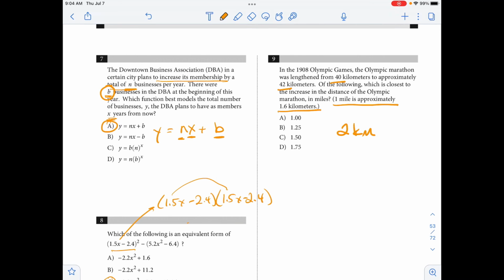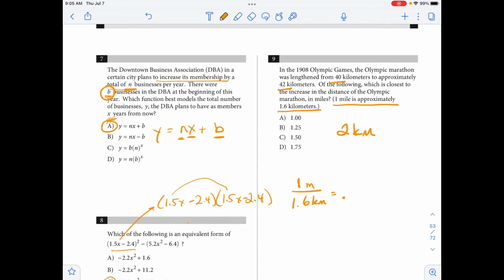So what you can do is say, 1 mile equals 1.6 kilometers. If we're trying to go from kilometers to miles, what you need to do is divide.